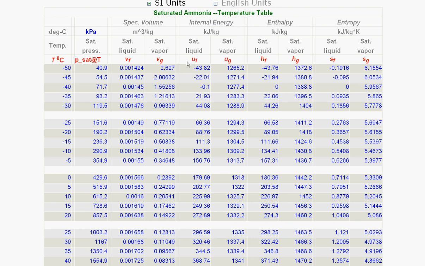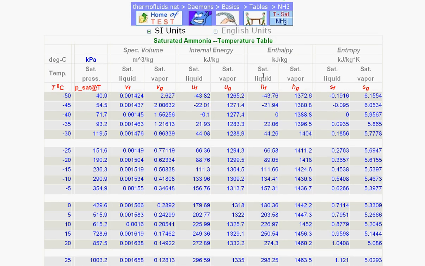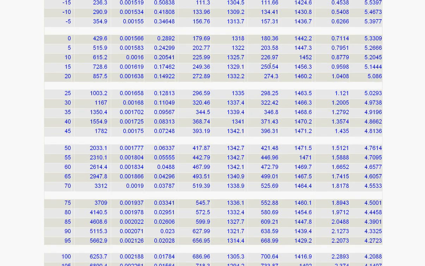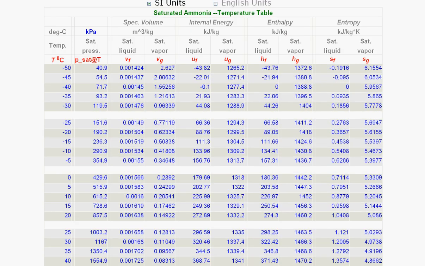It's the same thing that we do with specific volume, again, three times. Now, you may not know what internal energy, enthalpy, or entropy is. Don't worry, we're going to get to them soon enough.